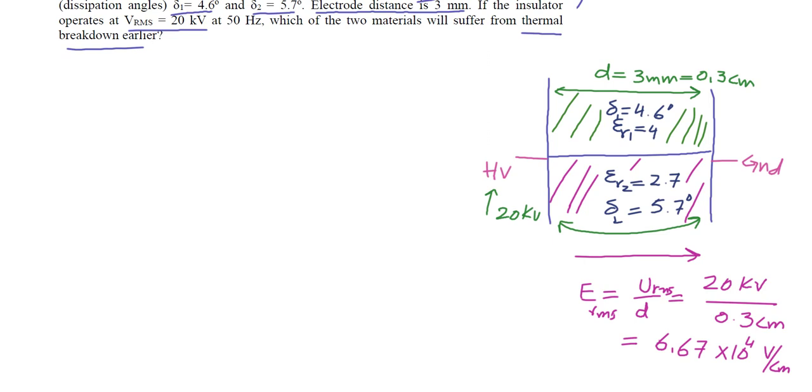So we will have the same electric field in both materials, because the gap distance is equal and the applied voltage across both insulators is also equal. So E1 will be equal to E2.